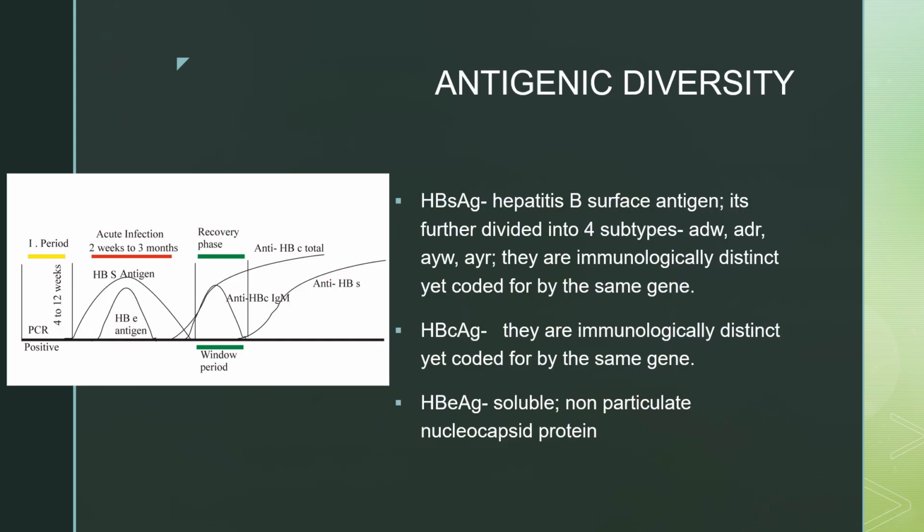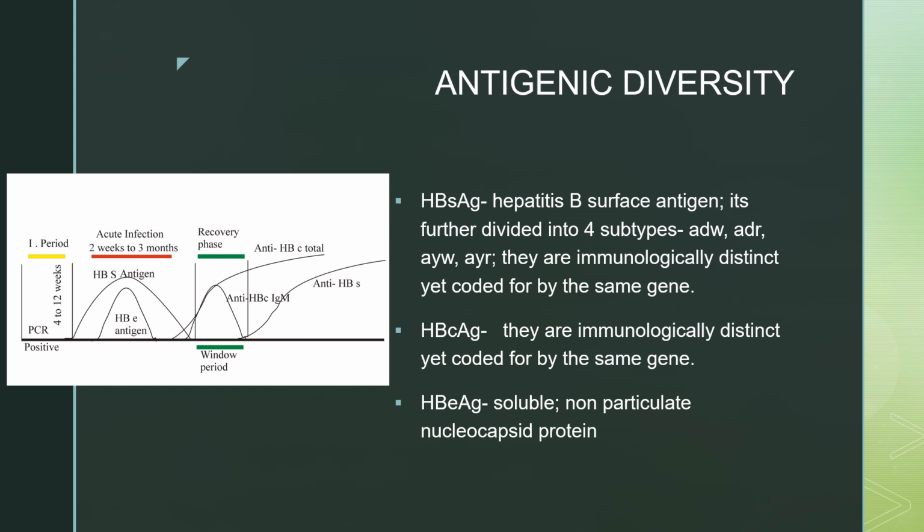So next we'll be dealing with the antigenic diversity. We basically deal with three antigens in hepatitis B. One is HBsAg, the second is HBcAg, and third is HBeAg. HBsAg is the hepatitis B surface antigen, and it is further divided into ADW, ADR, AYW and AYR, in which ADR is most prominent in South and East India and the Far East, and AYW is present in North and West India.